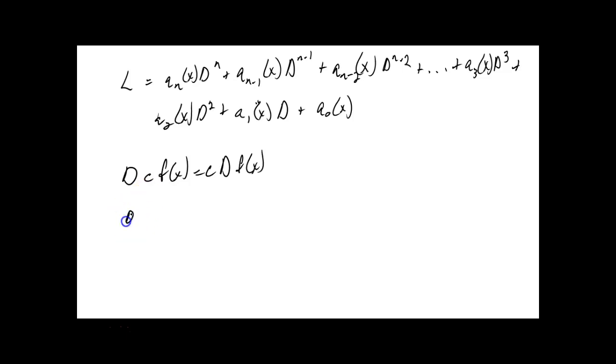And the other being d of f of x plus g of x is df of x plus dg of x. In other words, the derivative of the sum is the sum of the derivatives. The derivative of a constant times the function is the constant times the derivative of the function. Those are called our linear conditions, you might say.